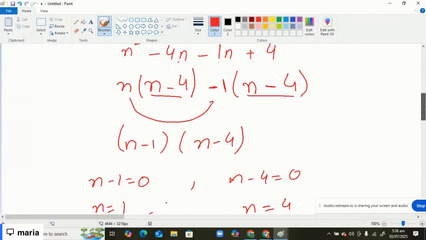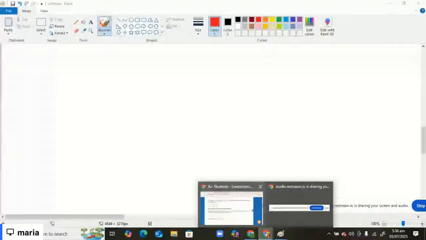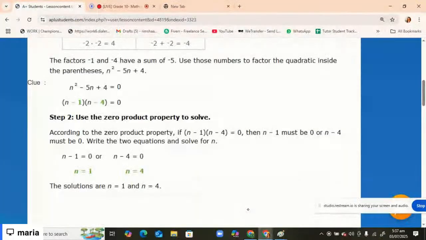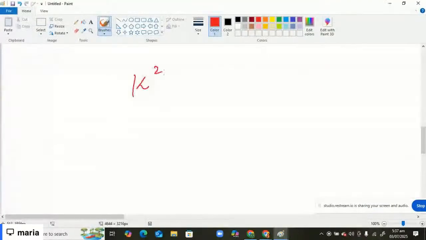Okay, this is it. Next: k square minus 2k is equal to 0. For this one, which thing is common in all of it? First of all, we check what is common, then we take factors, then we apply some formula.